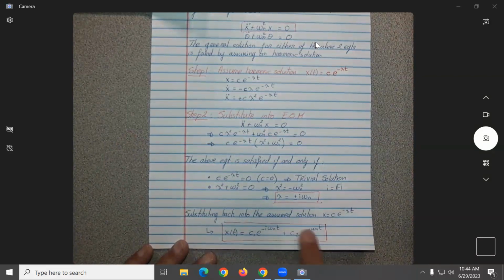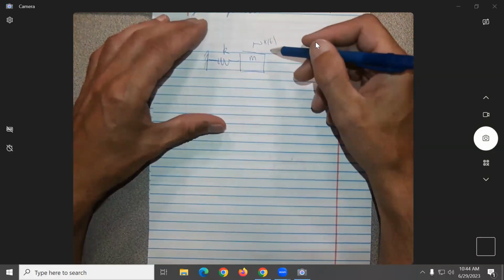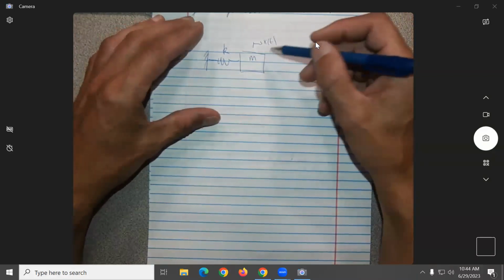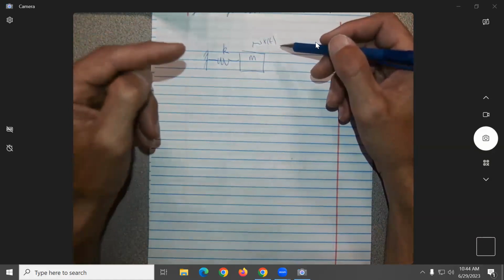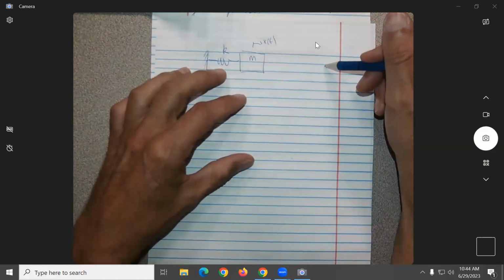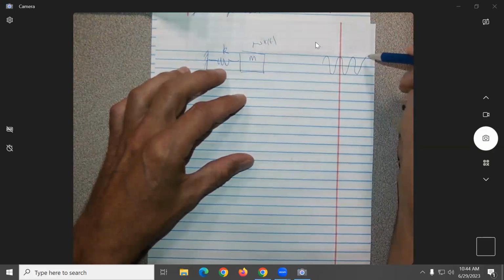Now, C1, C2 should depend on what? Do you think? So basically what's going to change is what? The vibration frequency is not going to change, but what might change? So we know it's going to be this way, no?